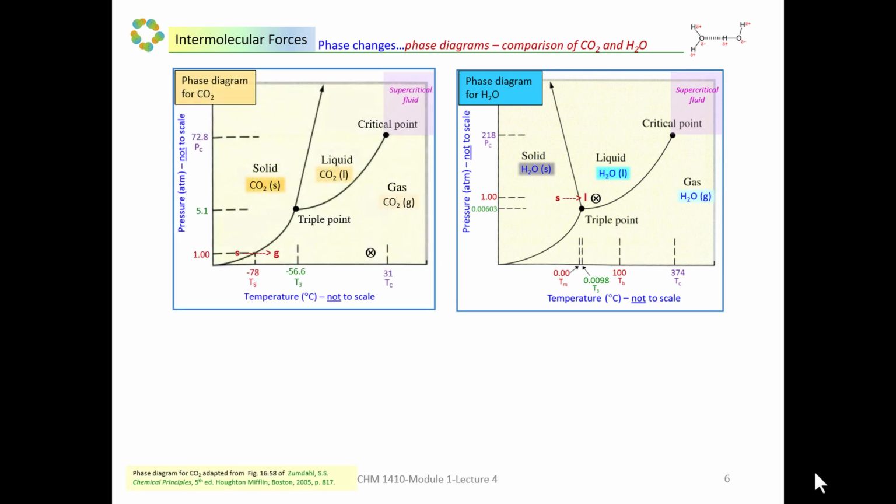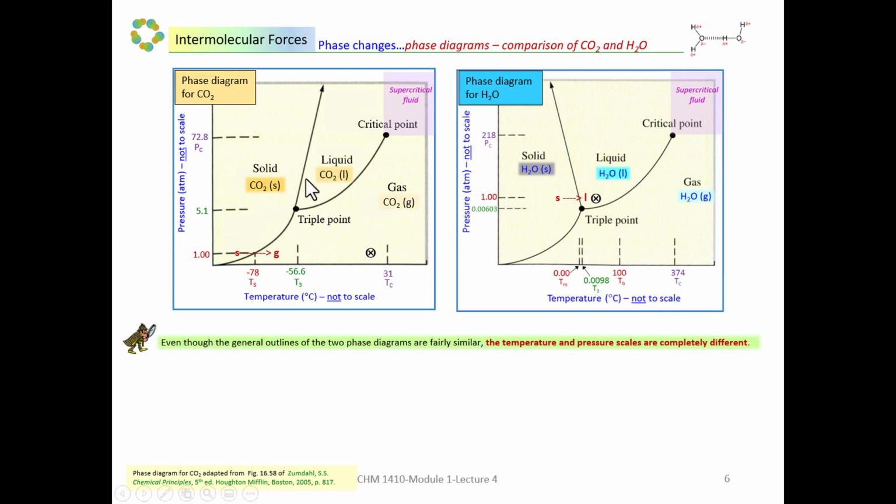And on the left is the phase diagram for carbon dioxide. Now, even though the general outlines of the two phase diagrams are fairly similar, you'll see the major difference here is that this solid-liquid line for CO2 is leaning to the right, where it leans to the left, as we've just discussed for water.